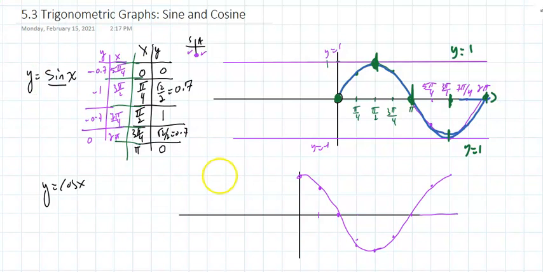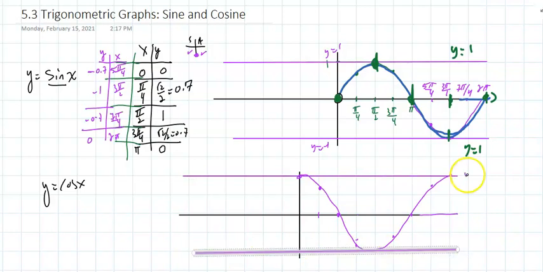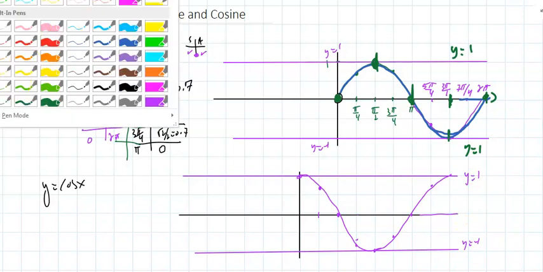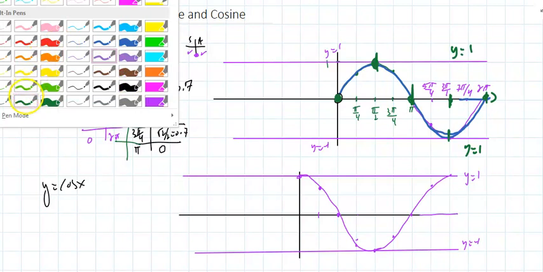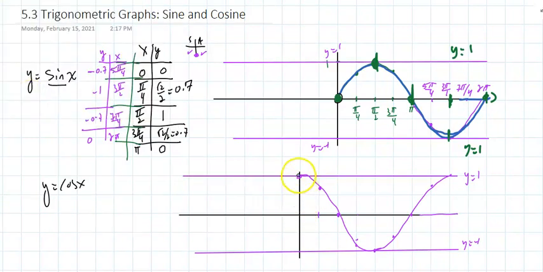And if I look at this graph again, if this is 1 and negative 1, unlike sine, cosine starts at the amplitude and runs down to the amplitude and back to the starting point. And the main points that I want labeled are this x value, this x value, this x value, this x value, and this x value. I need those 5 points labeled. And we're going to go over how to do that.